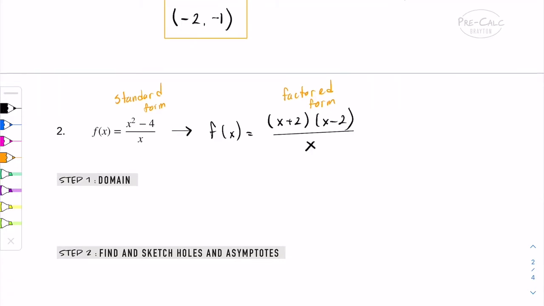The domain is found by setting the denominator equal to 0. In this case, x cannot equal 0. So the domain is -infinity to 0 union 0 to positive infinity.